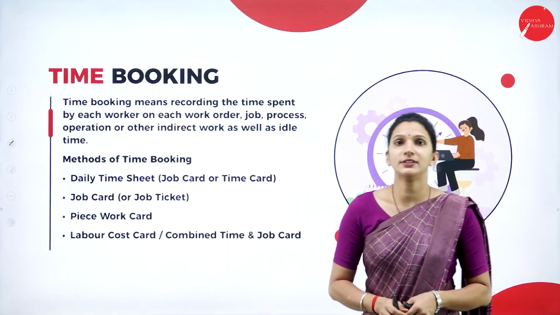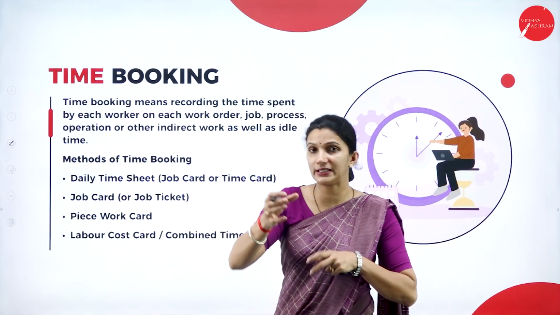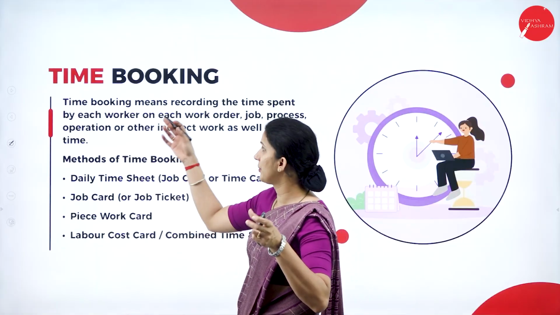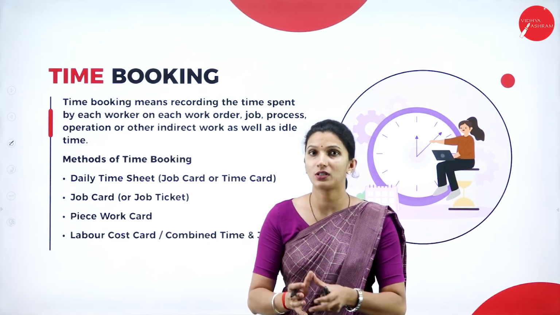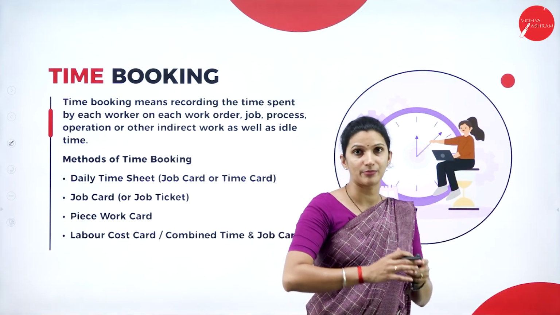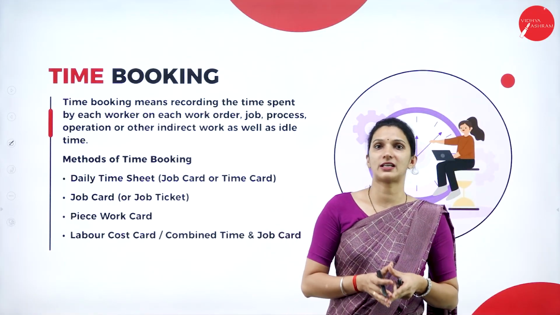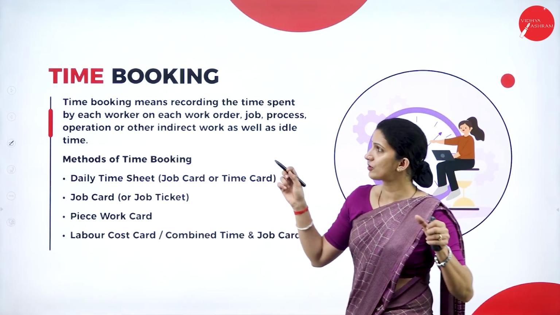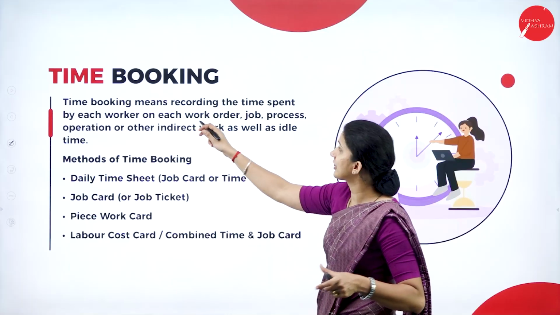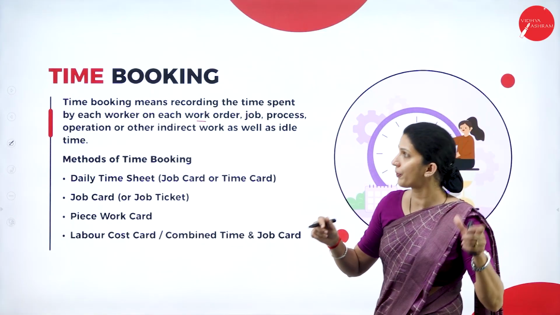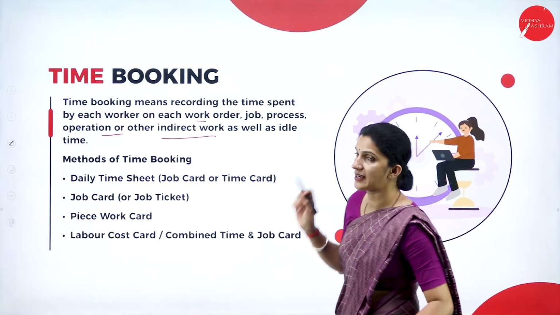Then we have the time booking. Whereas timekeeping records only the entry time and the exit time, time booking records what exactly each worker has spent his time on in the factory. That recording is what we call time booking. Time booking means recording the time spent by each worker on each job, process, operation or any other indirect work, as well as idle time.